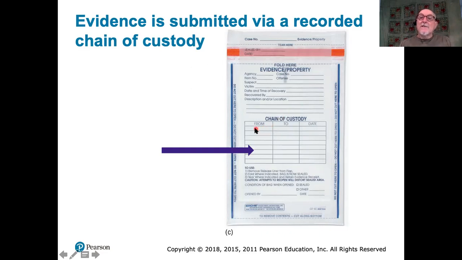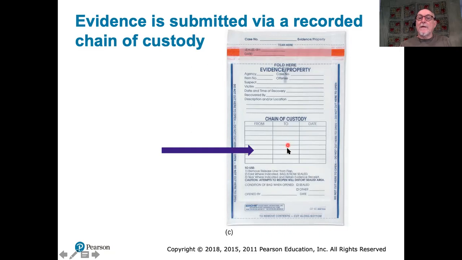The chain of custody starts with the very first person, and they give their name, etc. And then when they hand it over to somebody, they have to enter who it is that they're giving it to, and they provide the date. Then the person who's received it has to provide their identity here, and to whomever they gave it.